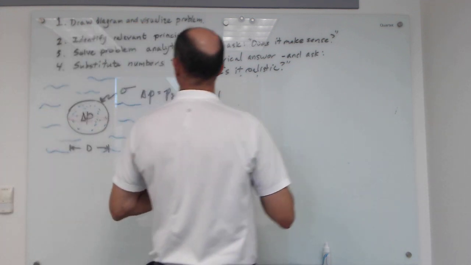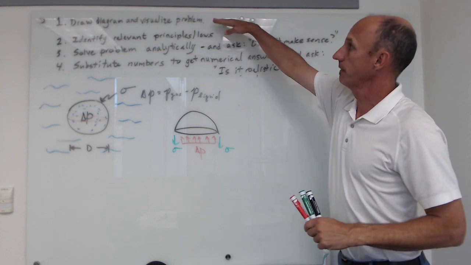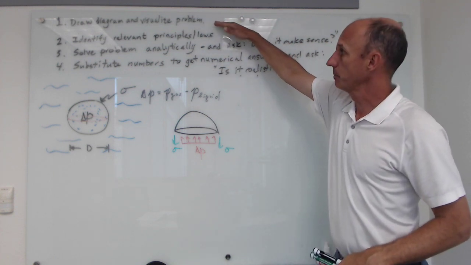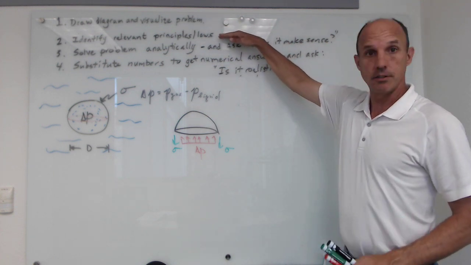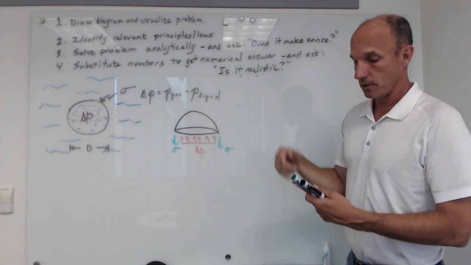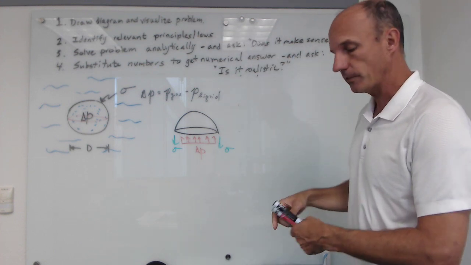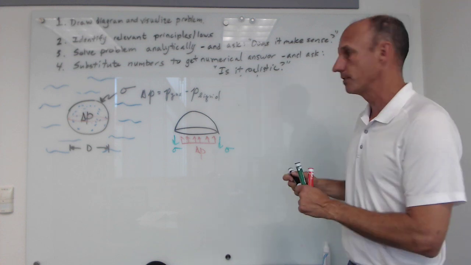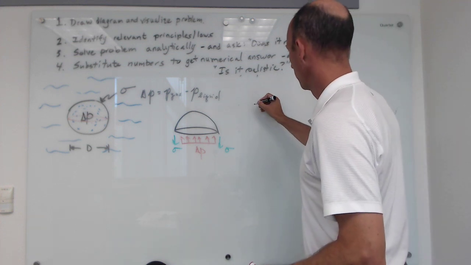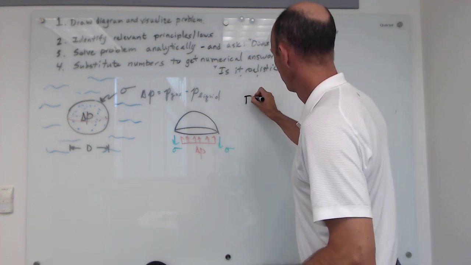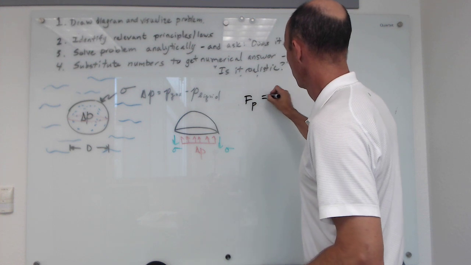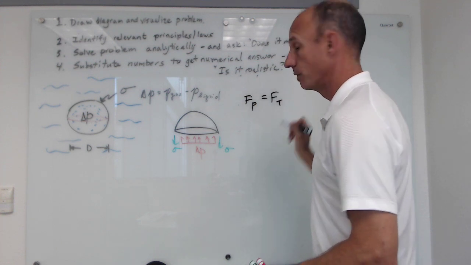Okay, so at this point, we've drawn a diagram, we've visualized the problem. Now we need to identify all relevant principles and laws. So first thing we can write down is that the sum of the forces in the vertical is going to equal 0. So that means that the force due to pressure is going to equal the force due to surface tension.